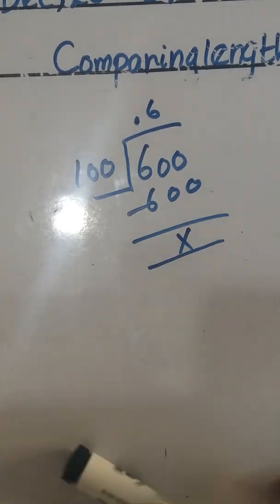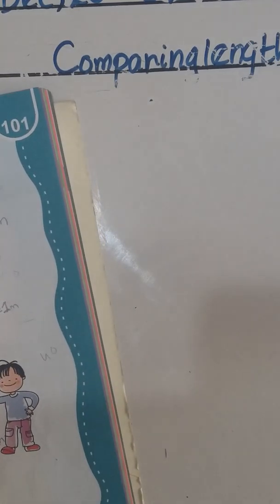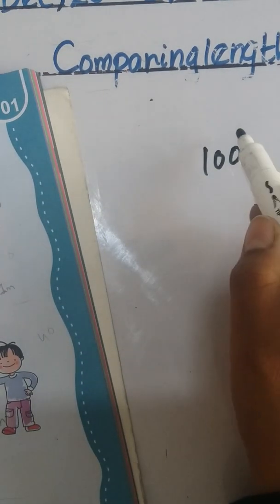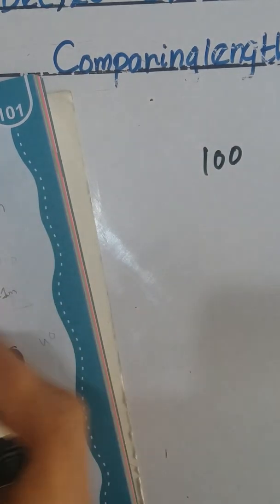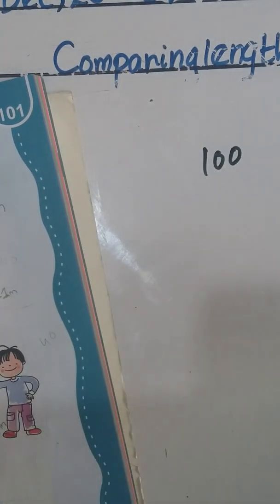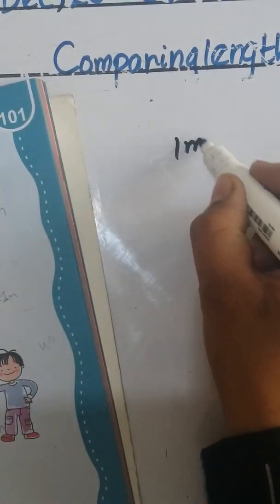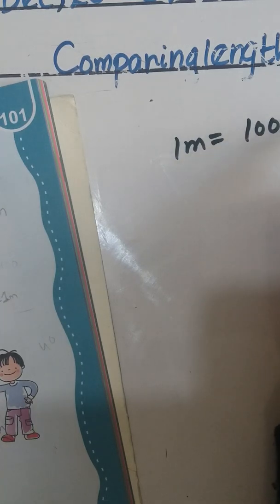It is again very easy. 100 centimeters. No need to divide, as you know that 1 meter is equal to 100 centimeters.